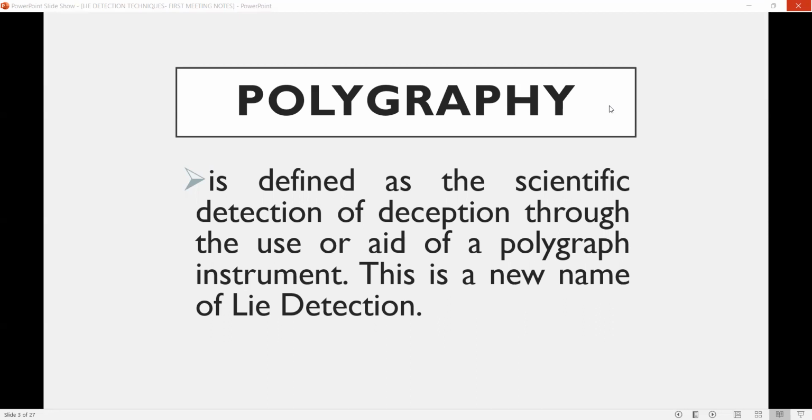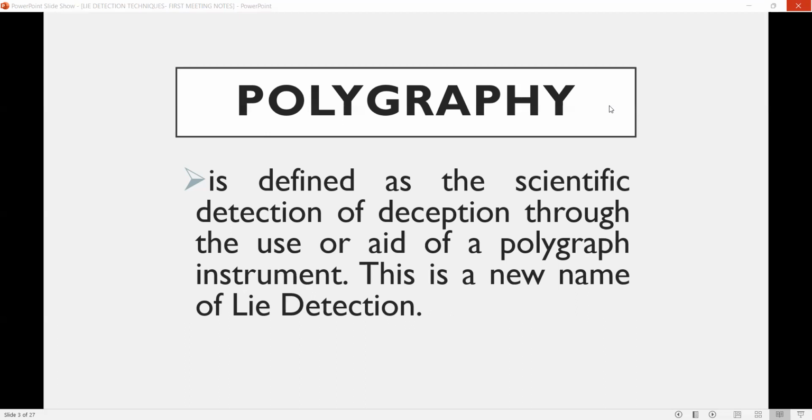So again, polygraphy is the process of using a polygraph instrument or machine to detect deception. So polygraphy is not the instrument, but it is the process, okay, of using a polygraph instrument or machine to detect deception.